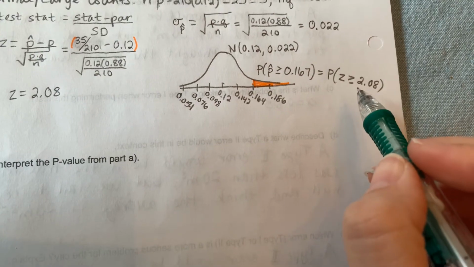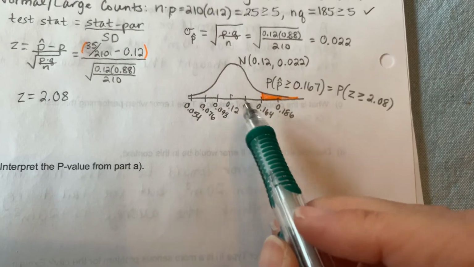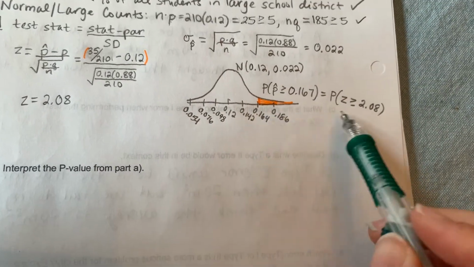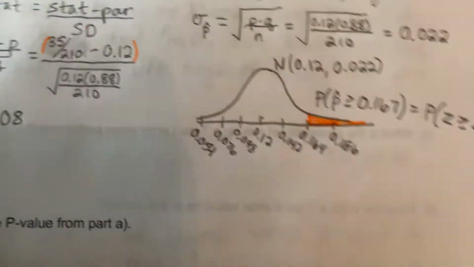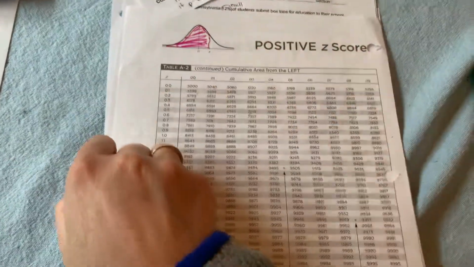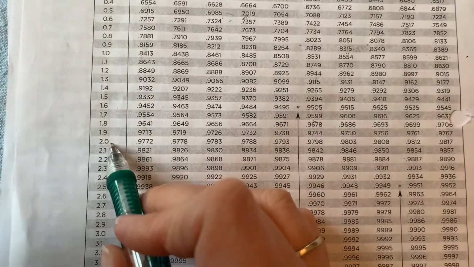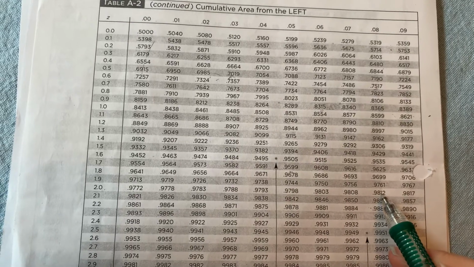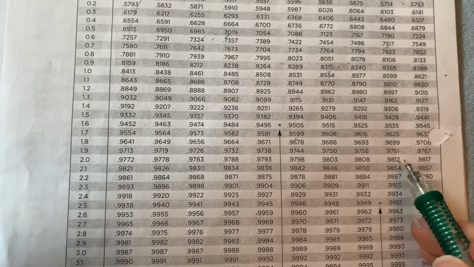Now, I haven't been writing this last part in our notes, but I think it might help you make the connection for why we draw this picture with the actual sample proportion and hypothesized mean, but then we use this z-score. It's because those areas are the same. So let's use table A2. We have a positive z-score, so we're flipping to the positive side. We want a z-score of 2.08. So 2.0, we line up with 0.08 at the top. We get 0.9812. That's our left area.